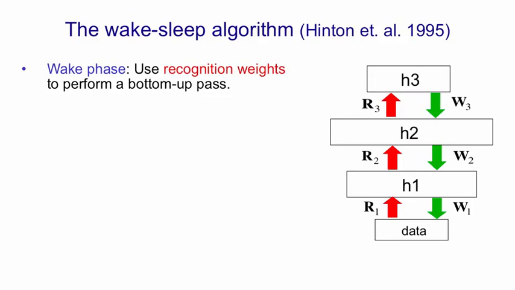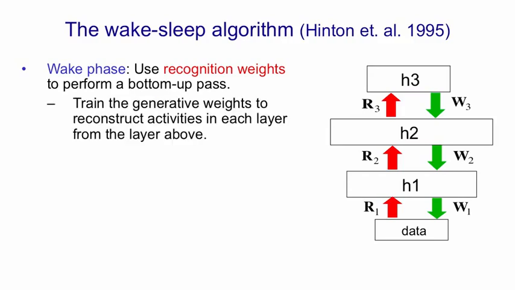Then, once we have those stochastic binary states, we treat that as though it was a sample from the true posterior distribution given the data, and we do maximum likelihood learning. But what we're doing maximum likelihood learning for is not the recognition weights that we just used to get the approximate sample, it's the generative weights that define our model. So you drive the system in the forward pass with the recognition weights, but you learn the generative weights.